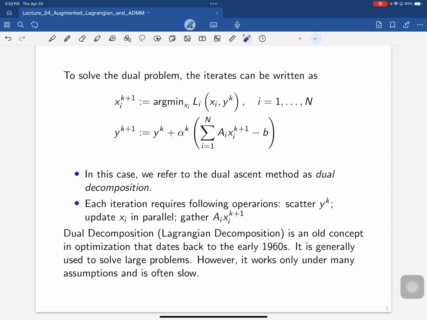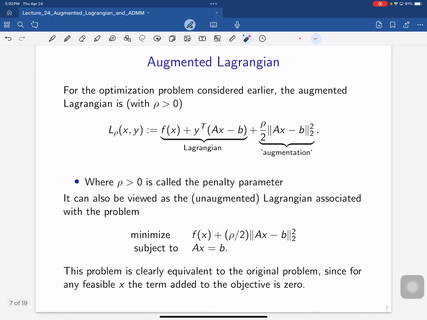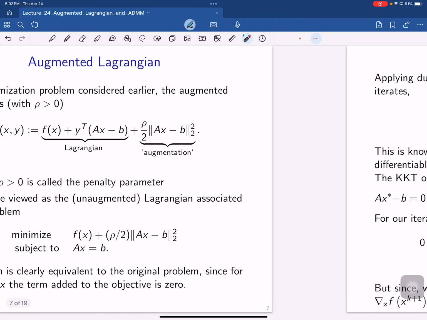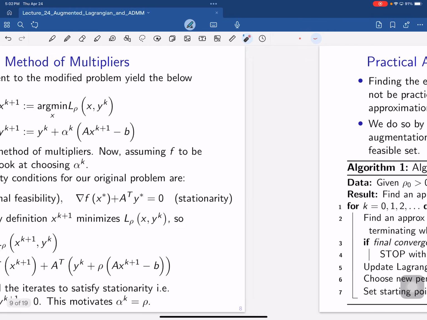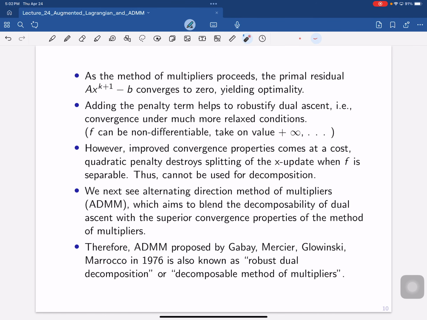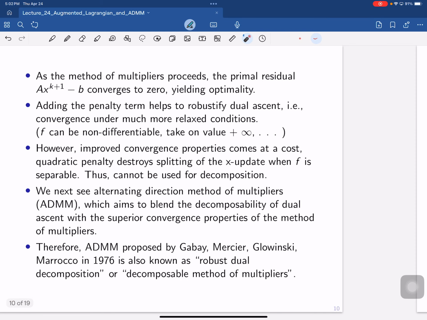That's a downside of this approach. So that's why we need to introduce another method called alternating direction method of multipliers. The idea is you will use augmented Lagrangian type methods, but you still want to keep the problem decomposable. That's what we will talk about next.